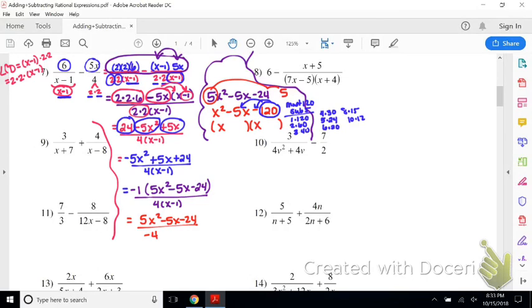We said that'd make it a -4 on bottom. And so that would be all that I saw that we could do. So this could be an answer. But it would be acceptable to leave this as your answer. Or since we factored out that -1 and we really couldn't do a whole lot with it, we could have even left that one as our answer. So all three of those would be acceptable.